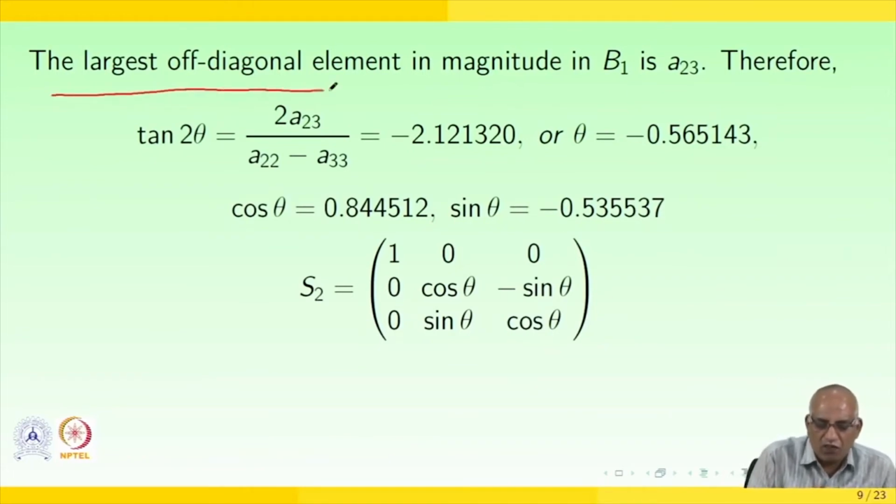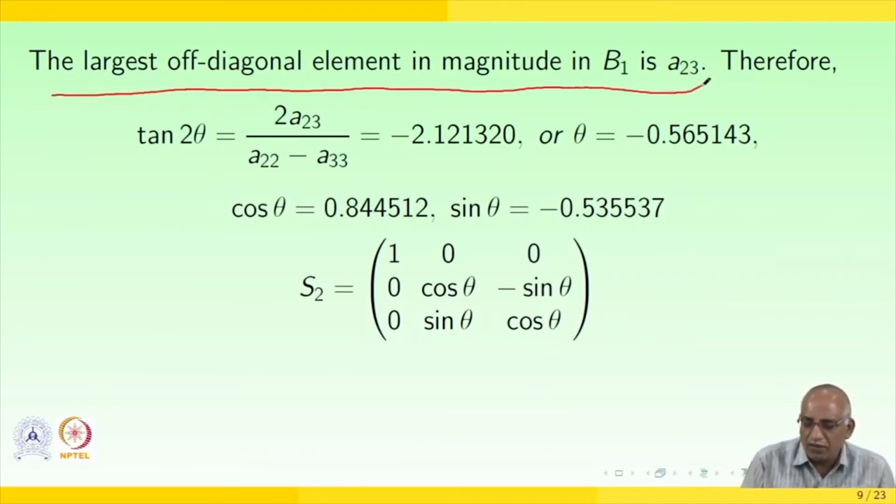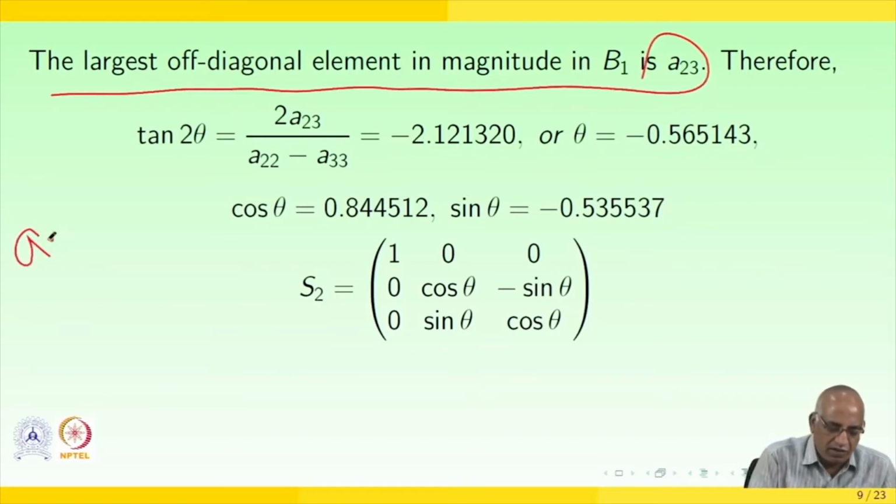The largest off diagonal element in magnitude in B1 is A23.